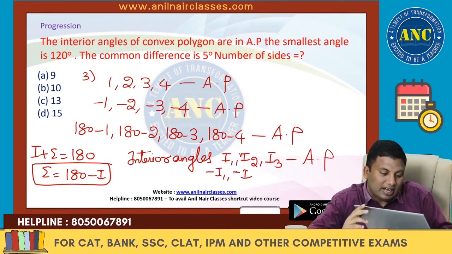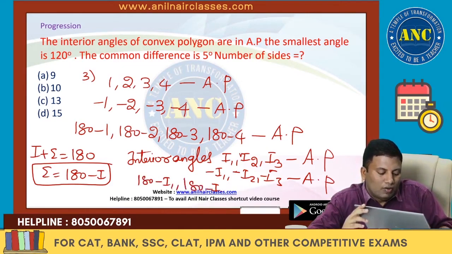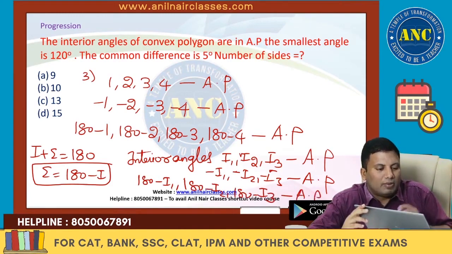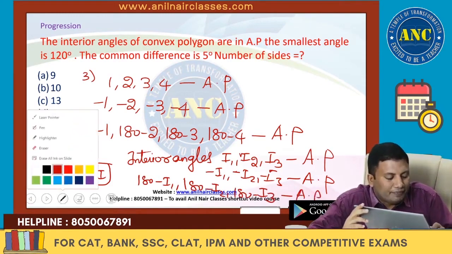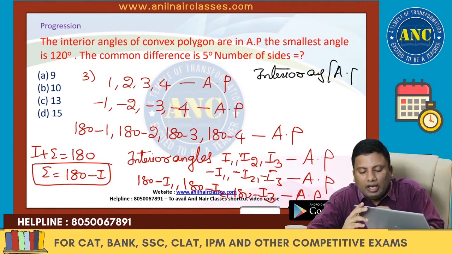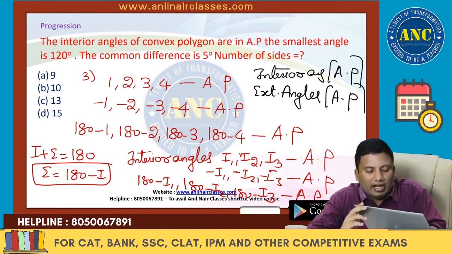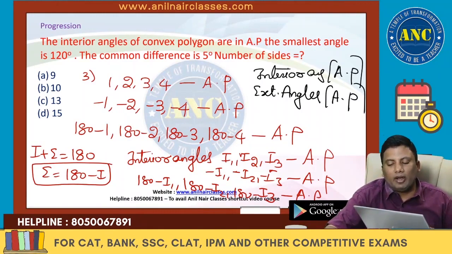Then 180 minus I1, 180 minus I2, 180 minus I3, they are also in AP. Always remember, if the interior angles are in AP, exterior angles are also in AP.